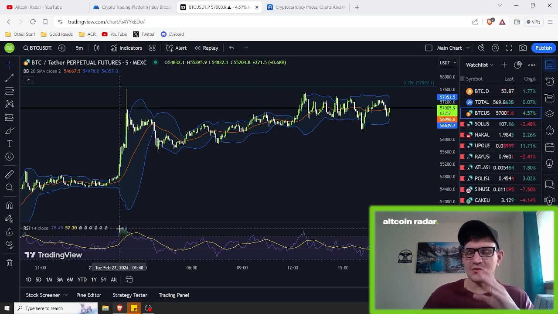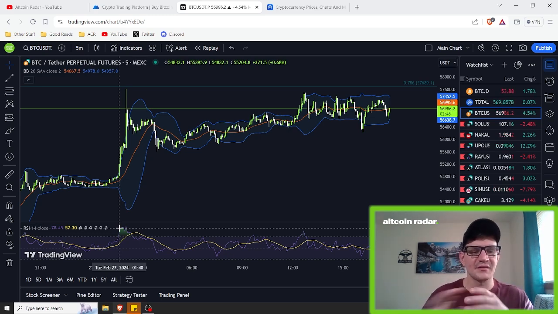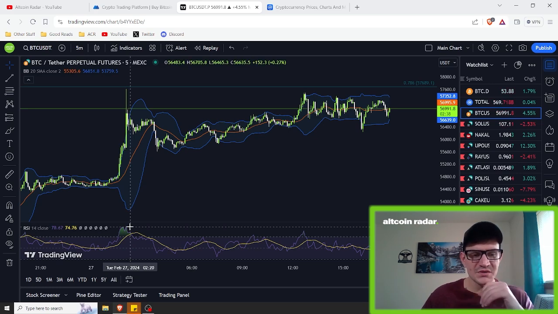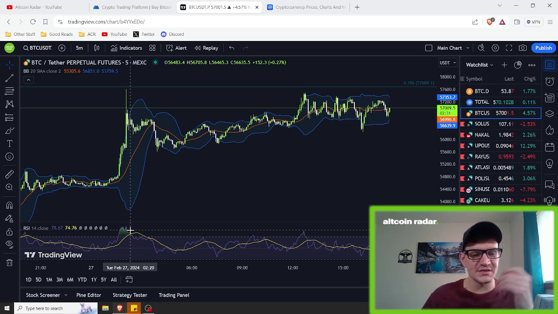You have to confirm it with overall market sentiment, because if overall market sentiment is extremely bullish, then you can fully bet that we are going to stay in overbought territory for quite a while, all right, which is exactly what happened right here, all right? Hey, market was doing really good. Market was extremely bullish at this time, and we stayed in overbought territory for, let's see here, couple hours, honestly.